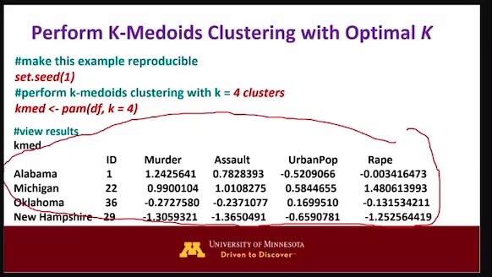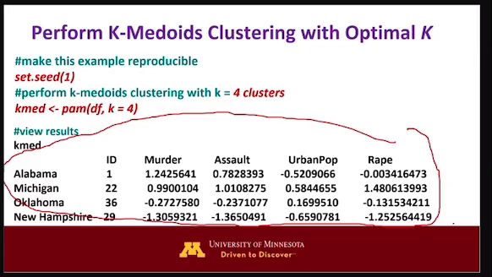The ID is just the number that we give to each. Then in cluster 3, we have Oklahoma and others. In cluster 4, we have New Hampshire and others. And of course, what I'm reporting now is the average crime rates for each cluster.